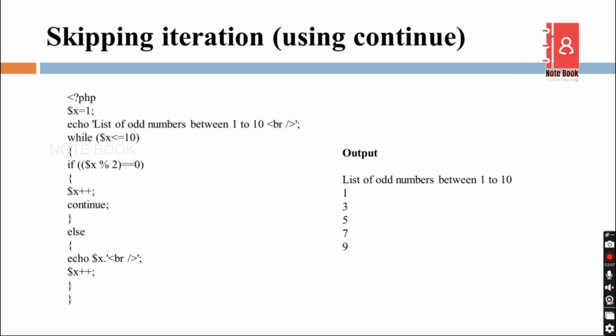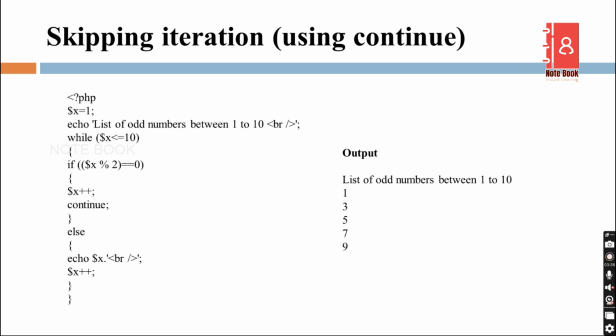Then skipping an iteration using continue. Like the break statement, we have a continue statement also, where we can skip the iteration. In the PHP script, we have given $x equal to 1 and echo the list of odd numbers between 1 to 10. While $x is less than or equal to 10 is the condition given in the while loop. If $x modulus 2 is equal to 0, then $x++ and continue.